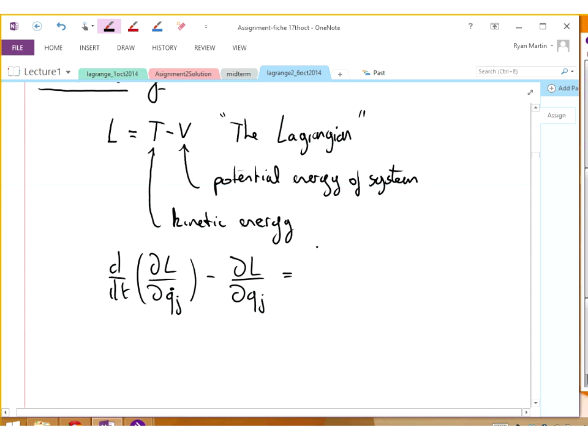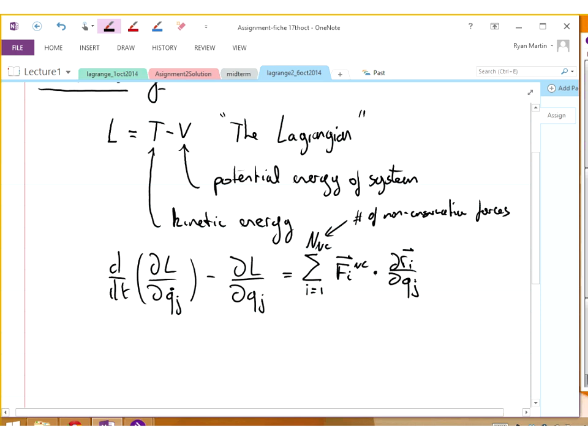So it's i equals 1 to n sub c, the number of non-conservative forces, of Fi^nc dotted with ∂ri by ∂qj. And so this is called either the Euler-Lagrange equation of motion, or sometimes just the Lagrange equation of motion.